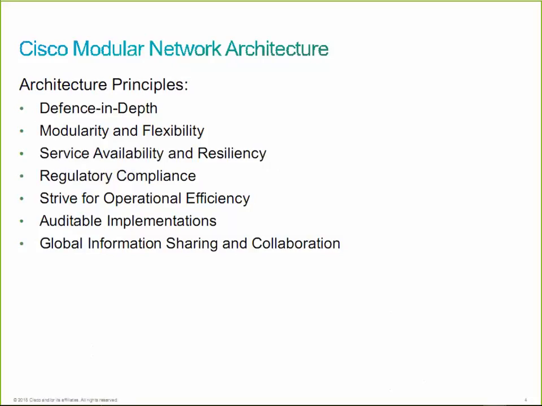The overall network infrastructure gets divided into these functional modules like campus and data center and remote access and WAN edge, et cetera, and then those functional modules get subdivided into even more granular functional layers or blocks like the access layer, edge distribution layer, core layer, et cetera.